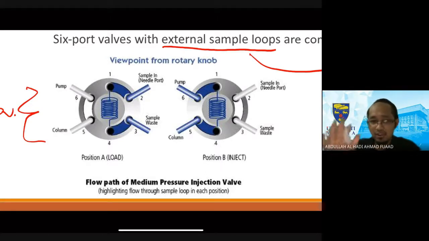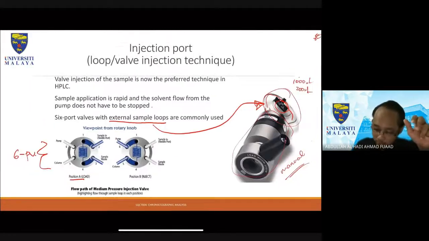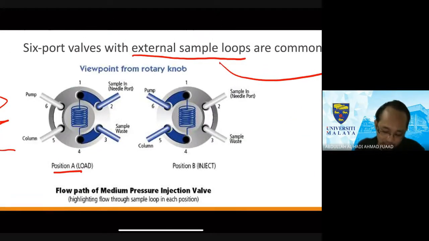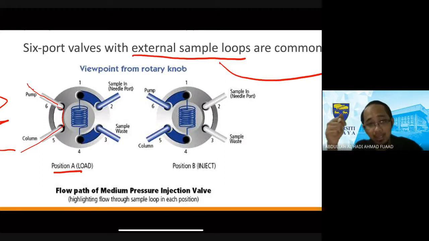It's very straightforward. Basically, there are 2 positions. You can move this handle into a load or an inject position, so there are 2 options, A and B. Under the load position, the solvent flows directly from the pump into the column, bypassing the sample holder at the back.